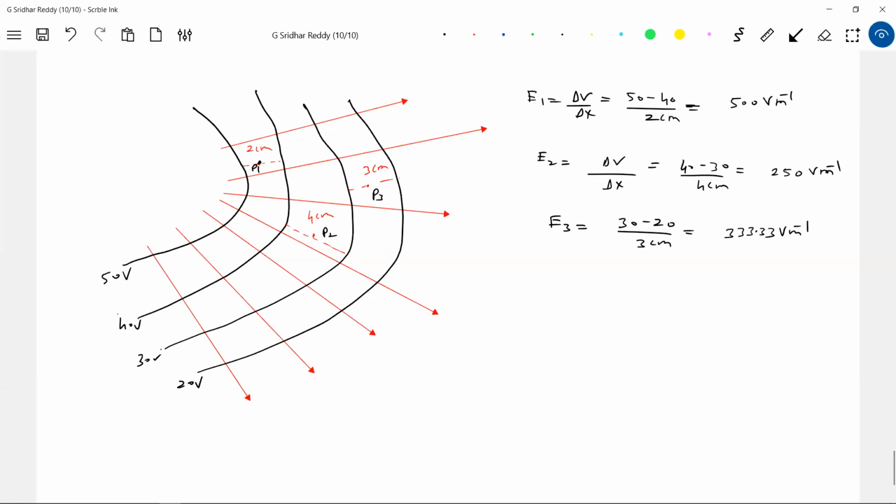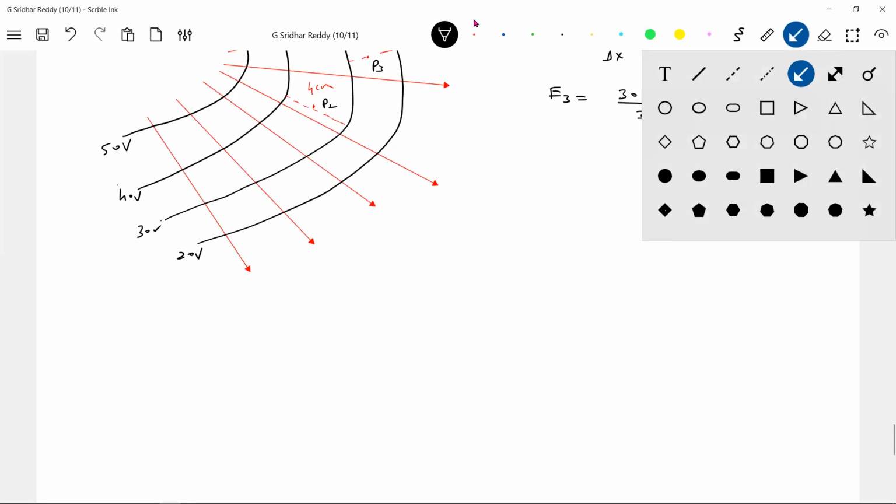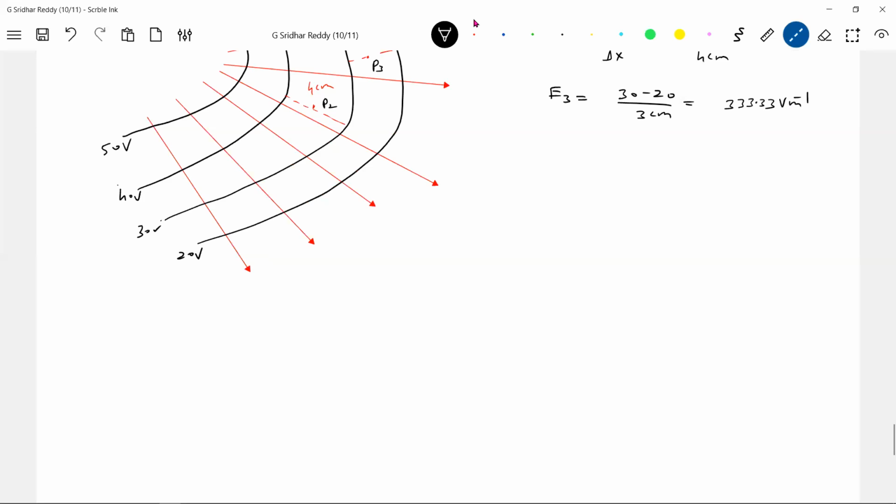Now, instead of this, if the equipotential surfaces are like this, I have a space here, I'll draw it here.